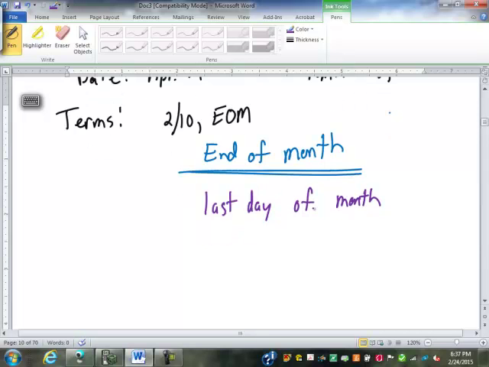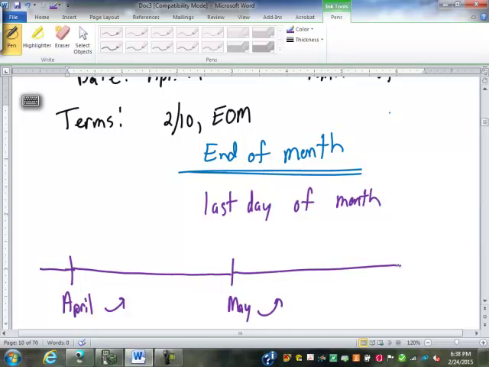So what will happen, here's the month of April. Year starting, then May would start right here. The month of June would start there.